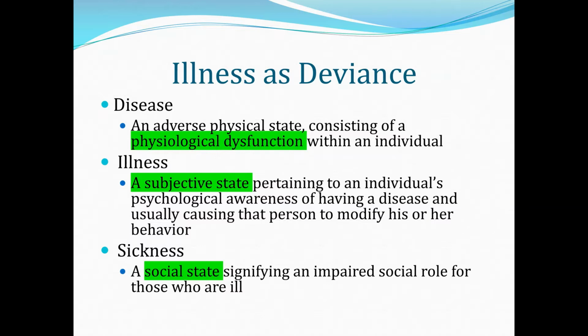Sometimes it could be an organization, sometimes people in power. That social state signifies an impaired social role for those who are ill. So the main goal of negotiating into that status is to be exempt from certain social roles and responsibilities.